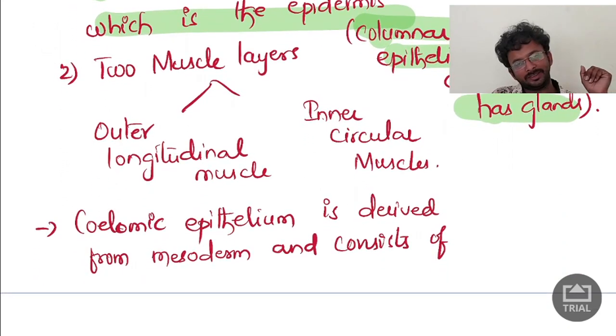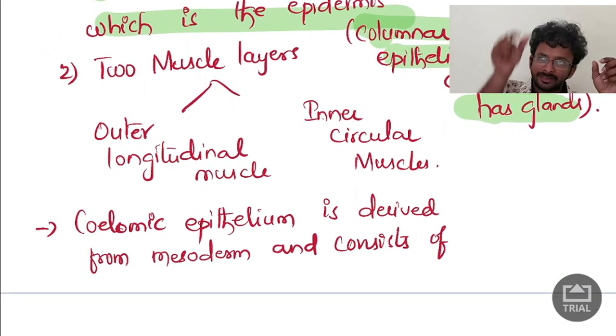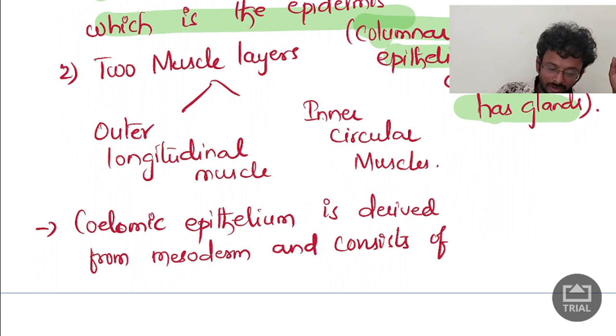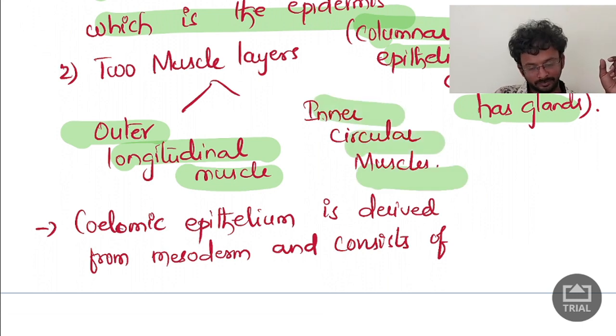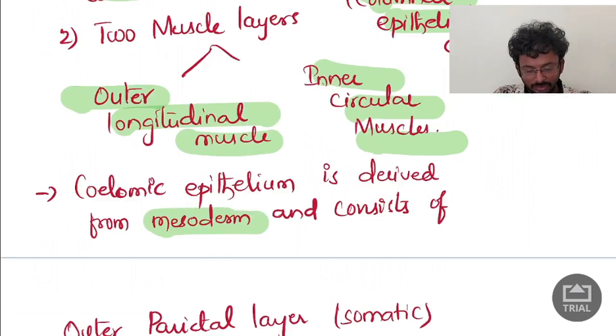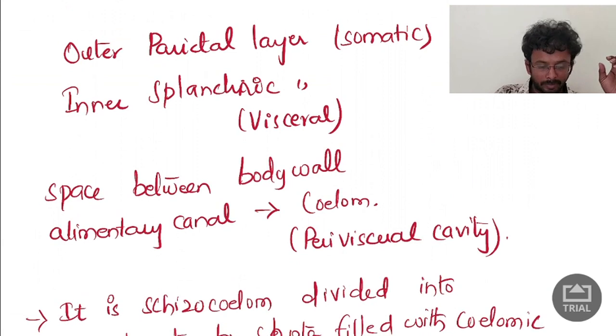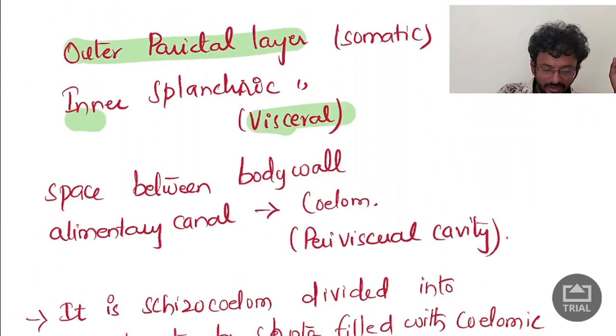It has two muscles: longitudinal muscles, and inner circular muscles. The coelomic fluid is derived from mesoderm, which consists of an outer parietal layer and an inner visceral layer.